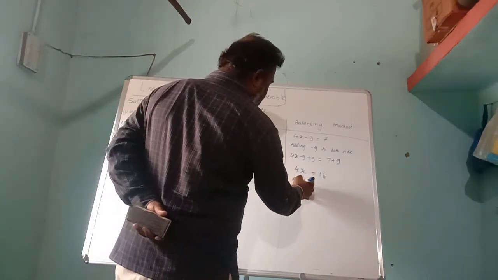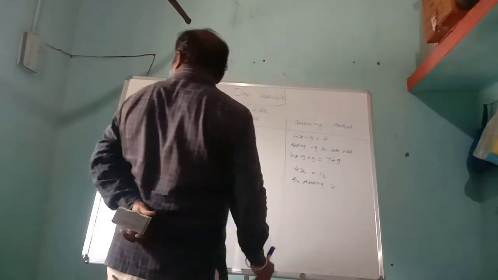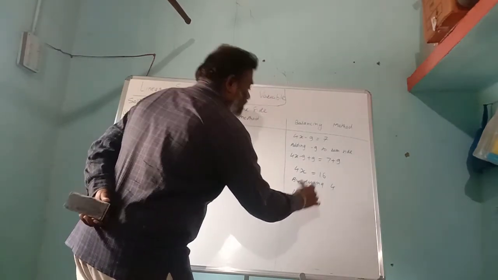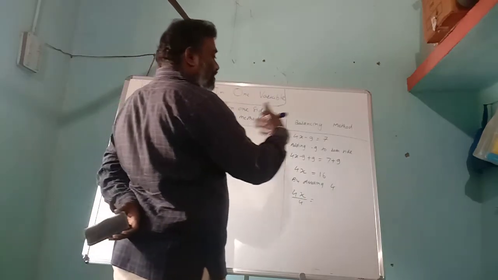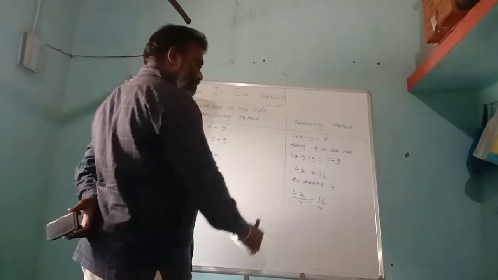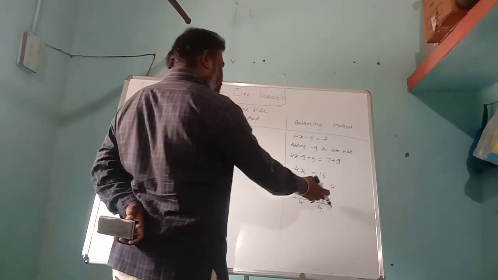If we divide the left hand side of the equation by 4, the same operation we have to carry out on the right hand side also, that is 16 divided by 4. Here on the left hand side I divide the term by 4.